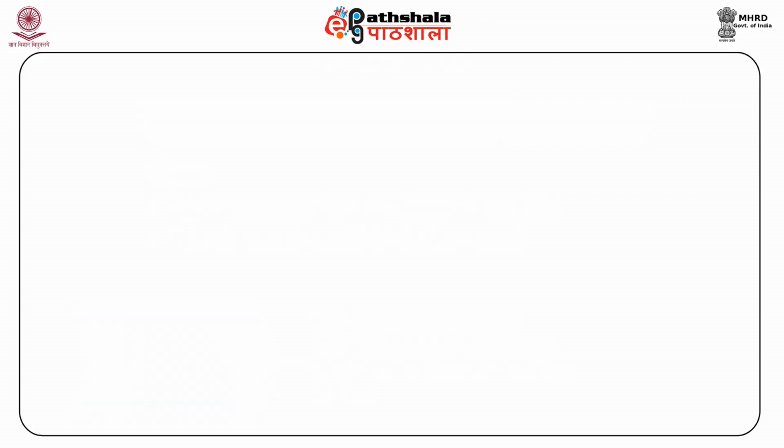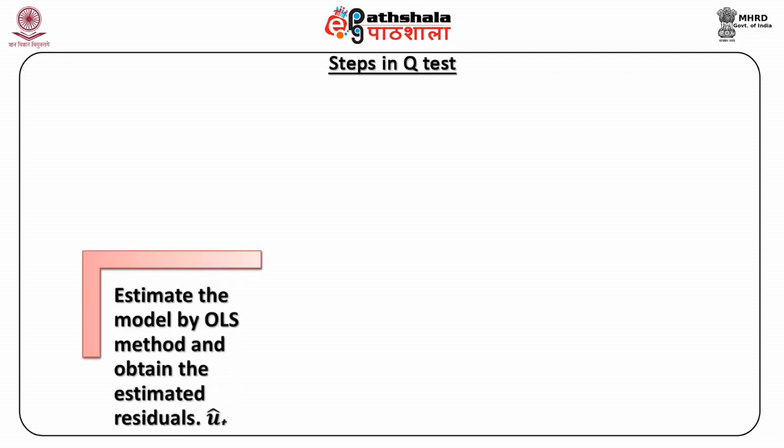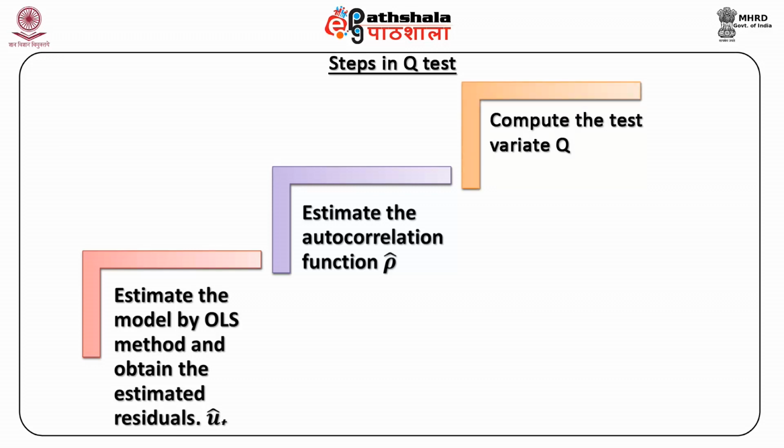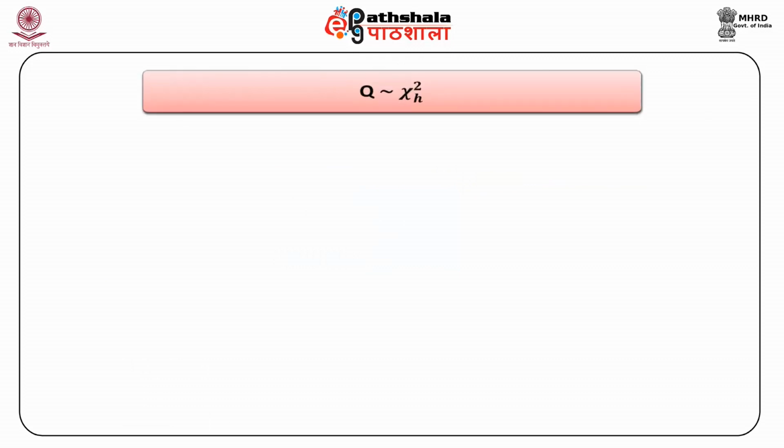So let us understand the steps in Q test. They are, the first is estimate the model by OLS method and obtain the estimated residuals u t hat. The second step is estimate the autocorrelation function rho hat. Third is compute the test variate Q. The next step is that Q is distributed as chi-square with h degrees of freedom.